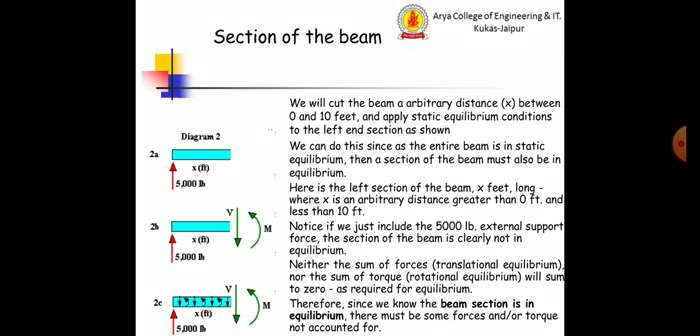Notice, if we just include the 5,000 pound external support force, the section of the beam is clearly not in equilibrium. Neither the sum of forces, translation equilibrium, nor the sum of torque, rotational equilibrium, will sum to 0 as required for equilibrium. Therefore, since we know the beam section is in equilibrium, there must be some force and a torque not accounted for.